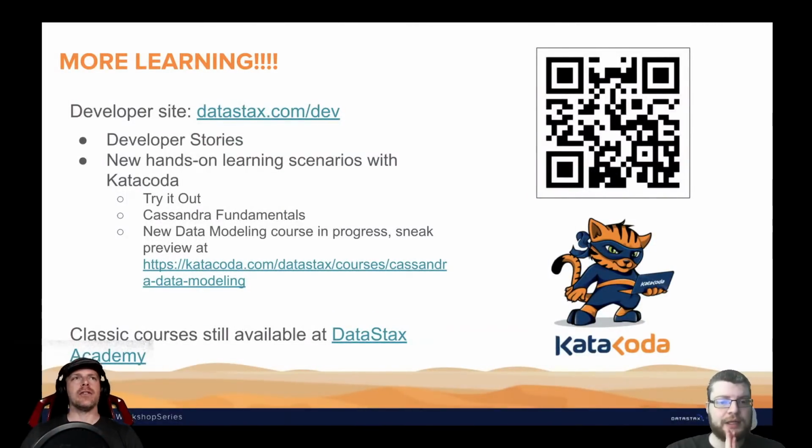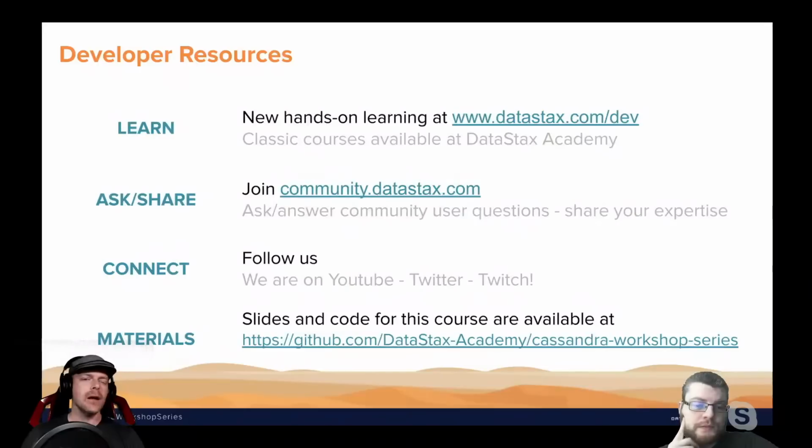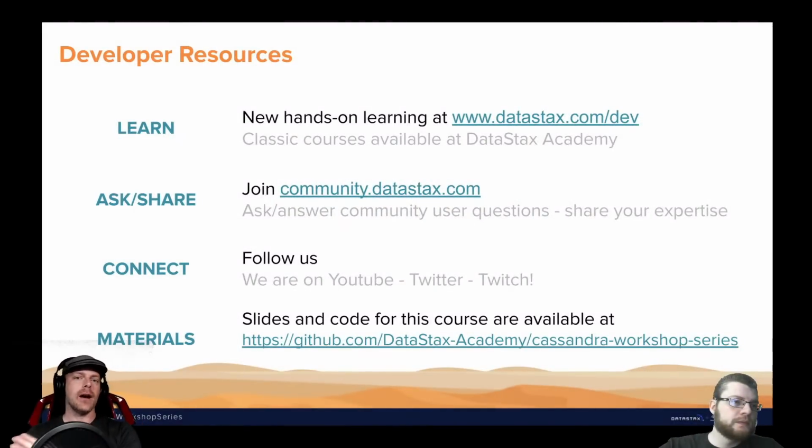Something else I want to mention about going to datastax.com/dev with those Katacoda scenarios. For those of you who are using maybe not as powerful laptops, you have older machines, and you may not really have a system that's going to support a whole database or Cassandra on its own, those are wonderful because they're completely done in the cloud, right? And it's free.